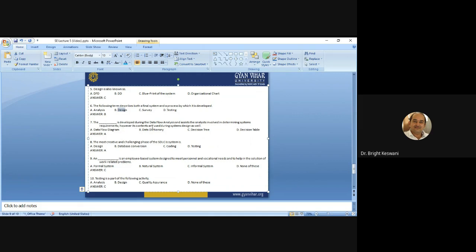However, its contents are used during system design as well. So the data flow diagram is the right answer, not data dictionary, not decision tree, not decision table. Only the data flow diagram is developed during the data flow analysis.